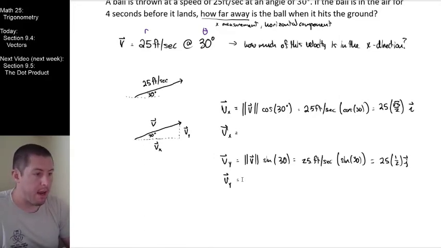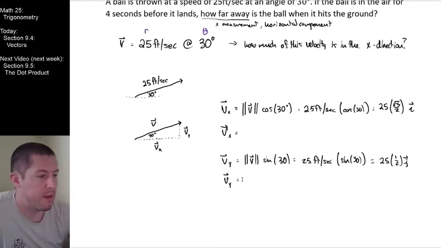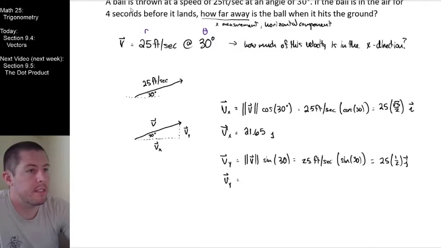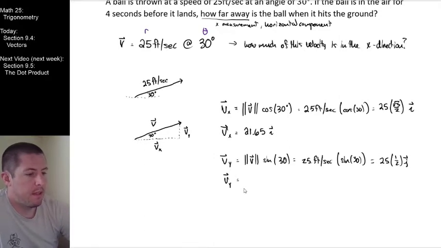I want to do square root of 3 divided by 2 times 25, the total length of that vector, and I'm getting 21.65 for v sub x. Oops, that's an i, not a j. I'm getting my x's and y's and i's and j's backwards all day here. And for our v sub y, 25 divided by 2 is going to be 12.5 j.